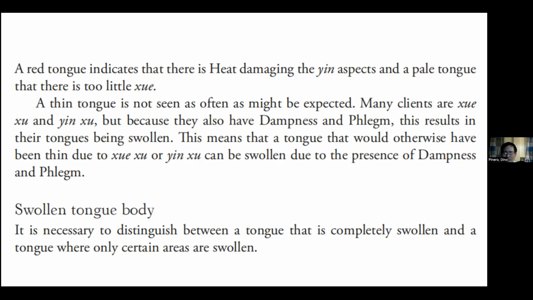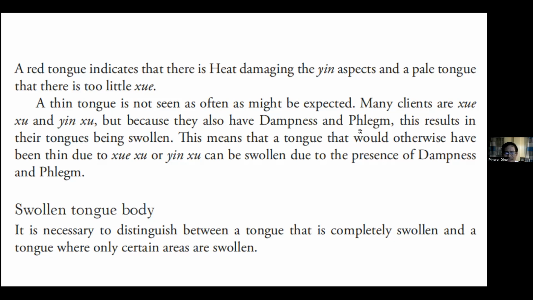Many clients are blood deficient and yin deficient, but because they also have dampness and phlegm, this results in their tongue being swollen. So, ang tongue, since hindi siya kadalasan nakikita na thin, instead this could be seen as swollen because of the presence of dampness and phlegm.